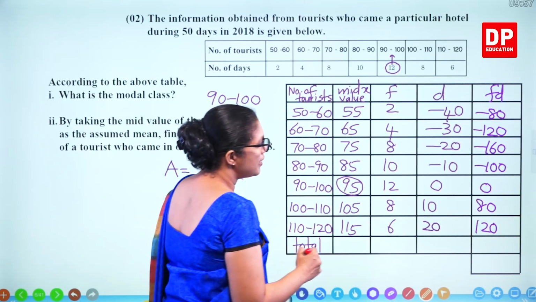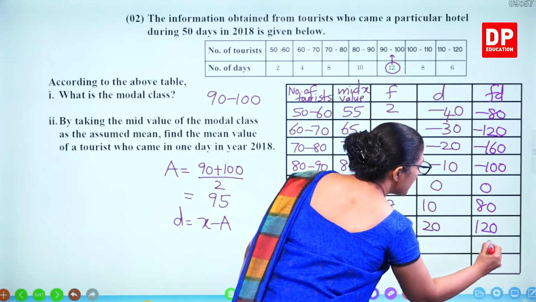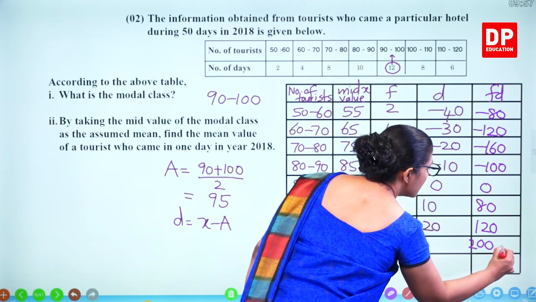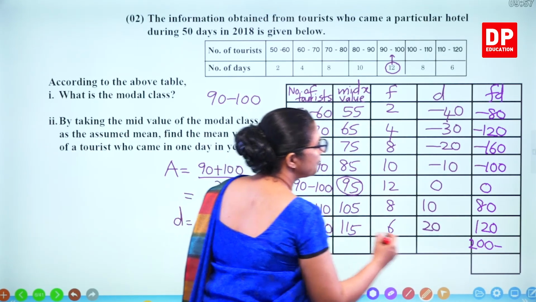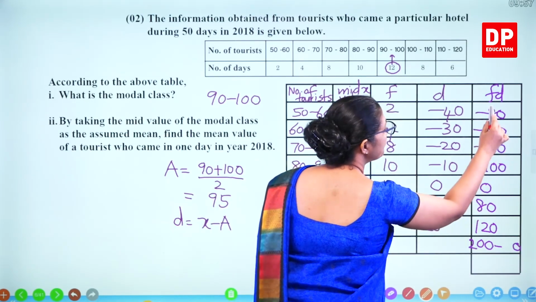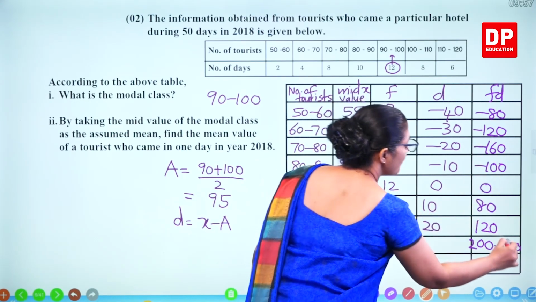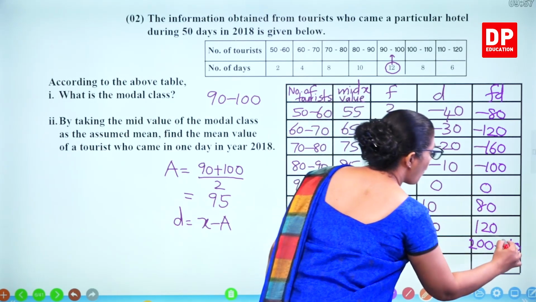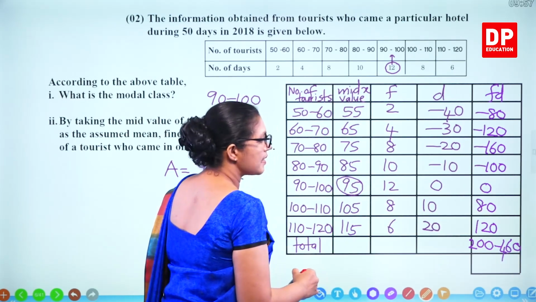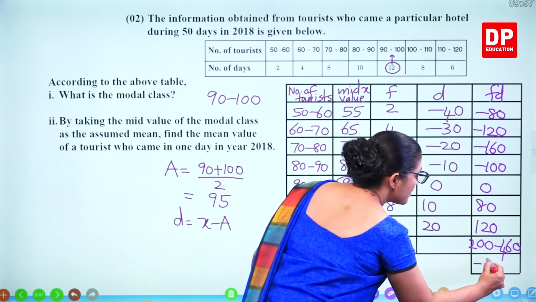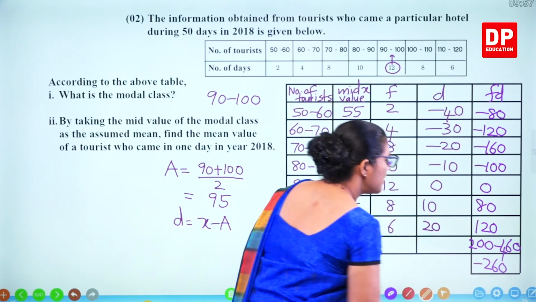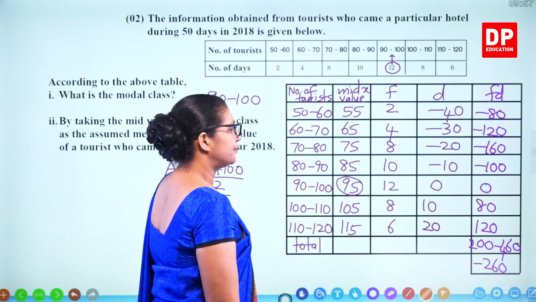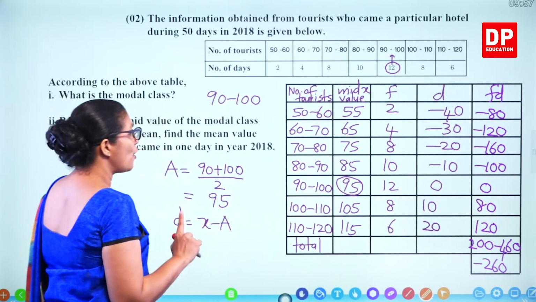Now when you add the positive numbers, you get 200. Negative numbers, 460. So when you take the difference, this is minus 260. Now you can find the mean value.